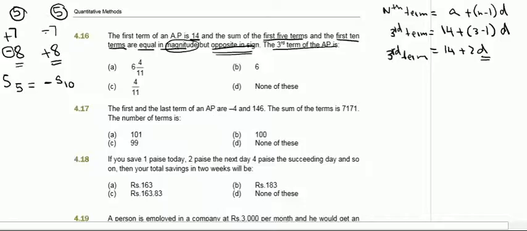Now, for the sum we use S is equal to half into n into (2a plus (n minus 1) into d).